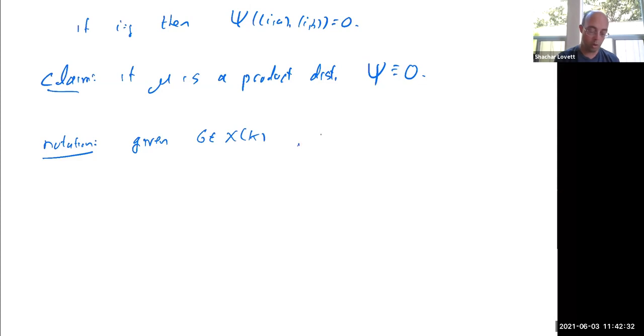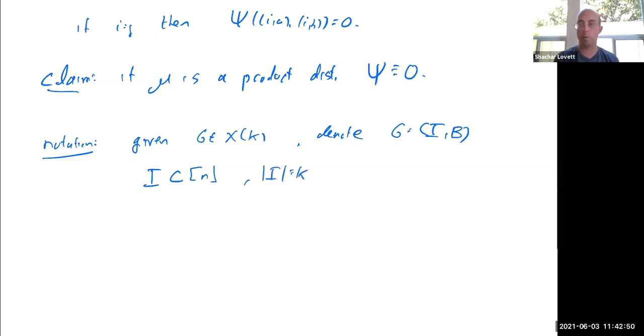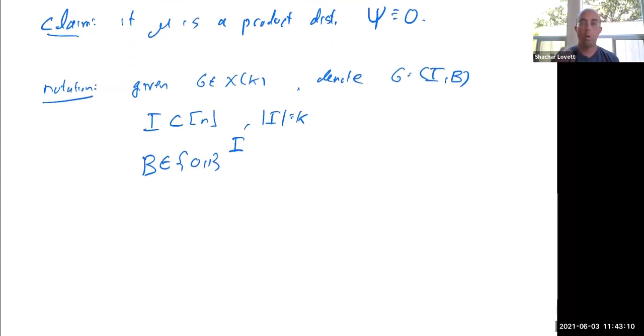So I'm going to denote sigma as a pair (I, B), where I is a subset of [n] of size k, the k elements we are going to color, and B is some coloring in {0,1}^I. I can denote which elements I'm going to color and what colors I want to give them. Now we also need to say what the correlation matrix is given that I already colored these elements.